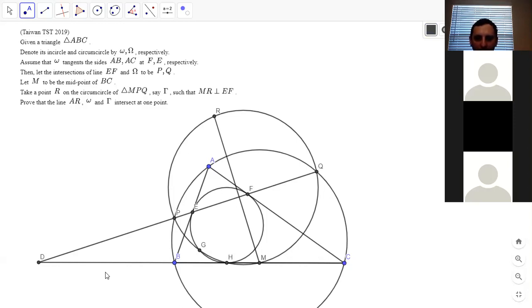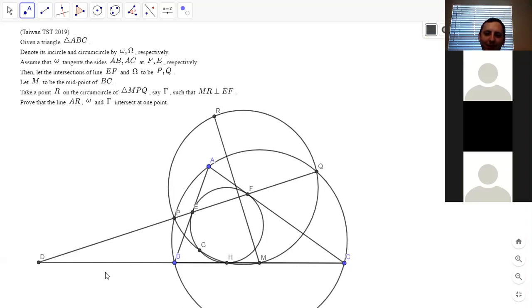So DH times DM equals DB times DC, which equals DP times DQ. Since M is the midpoint of BC, and the harmonic bundle, yeah.